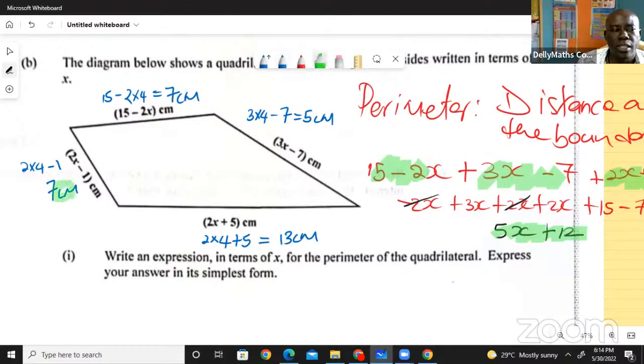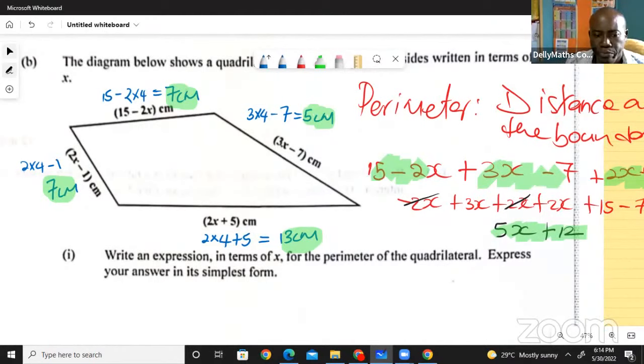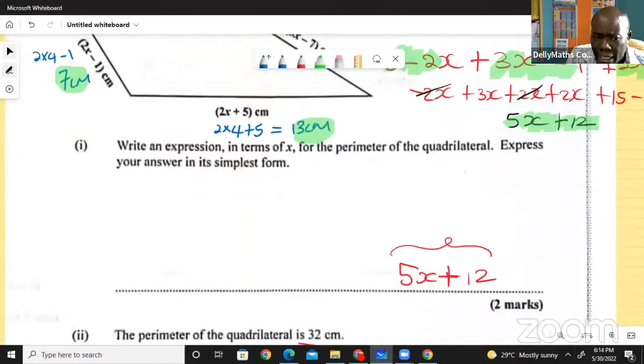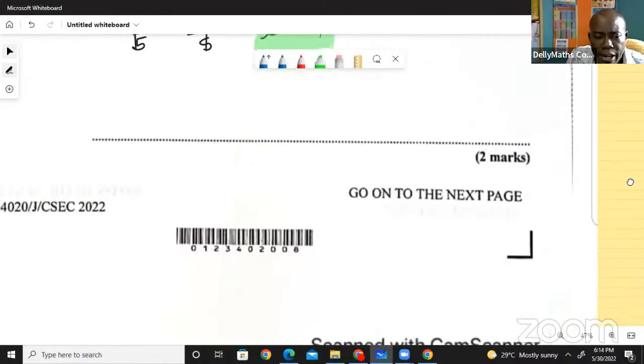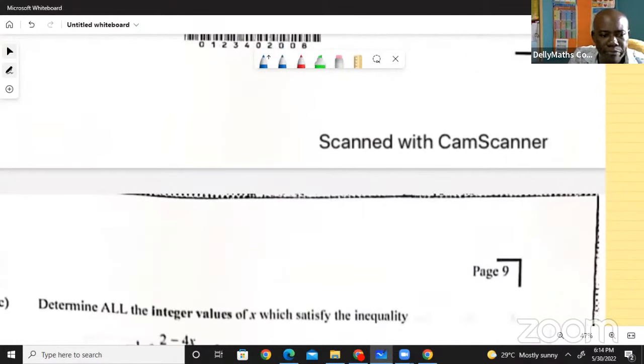After substituting x, we get these as the lengths of the sides. So the length of the longest side is 13. So we respond to the question by saying that it is 13. And that's our working that we just displayed.